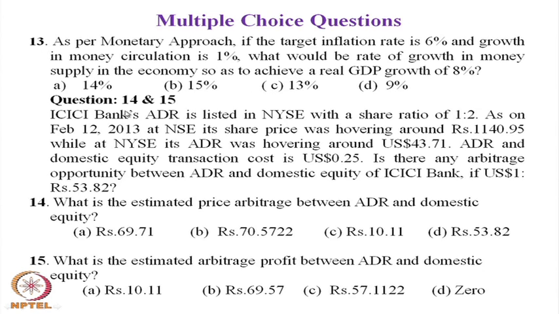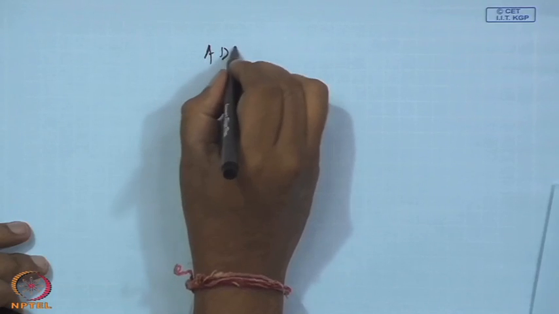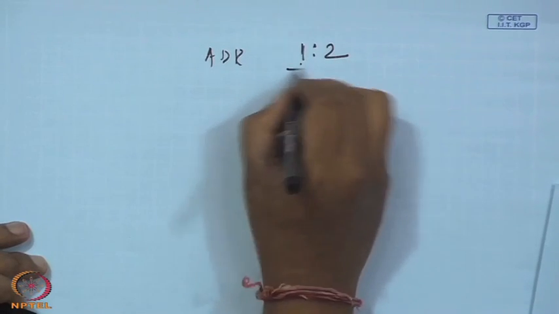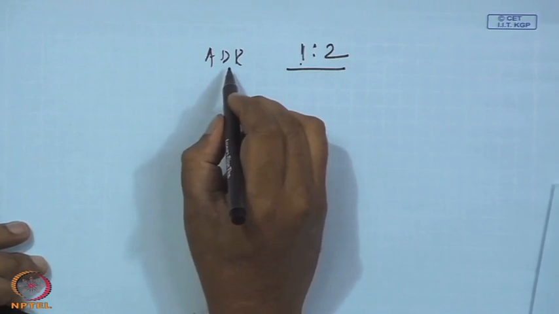In question number 14 and 15, you have to answer with the exam write up. Here, the ADR ratio is 1:2, that is 2 domestic shares are equivalent to 1 ADR.